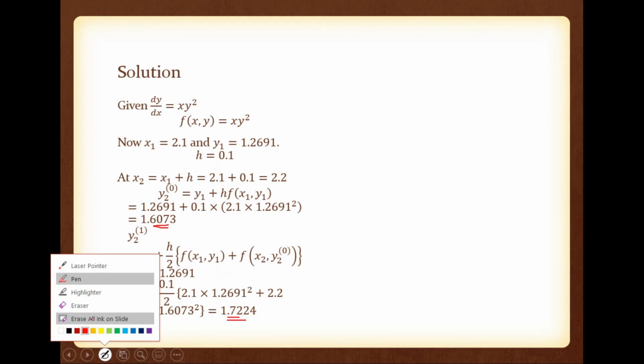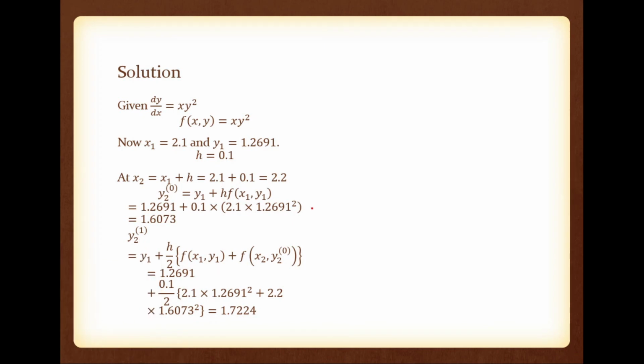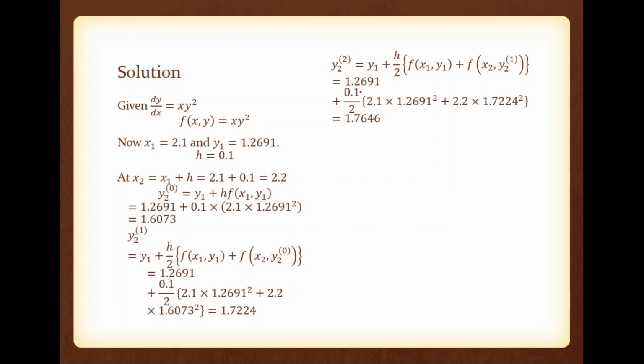So we have to find y2 of 2. y2 of 2 is equal to y1 plus h by 2 into f of x1 comma y1 plus f of x2 comma y2 of 1, that is equal to 1.2691, that is y1, plus 0.1 divided by 2 into 2.1 into 1.2691 square plus 2.2 into 1.7224 square.